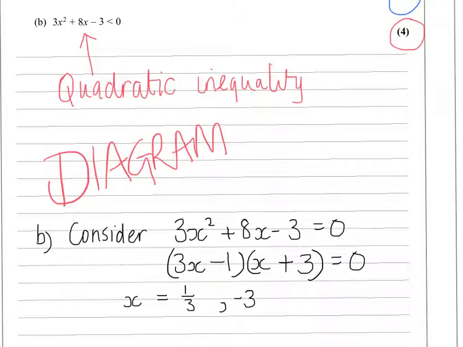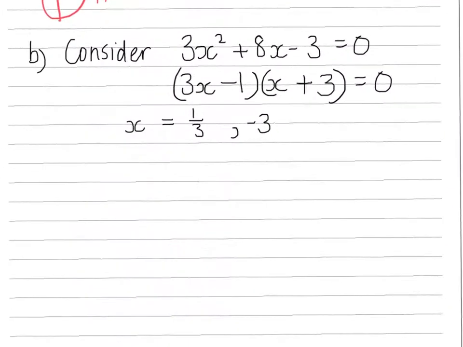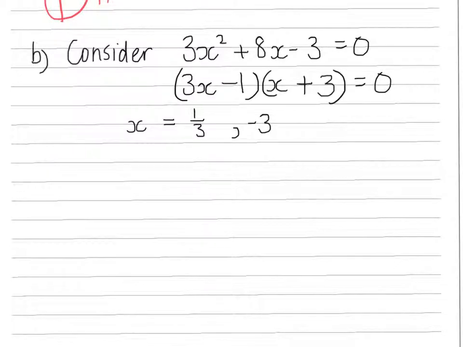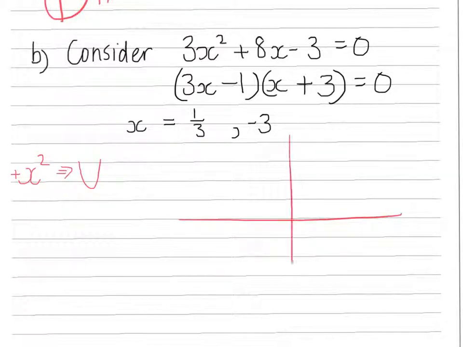We also know that this is a plus x squared, and as you know from drawing quadratics, a plus x squared is a happy one, and a happy one looks like that. So a rough sketch will give us something at minus 3 and a third.